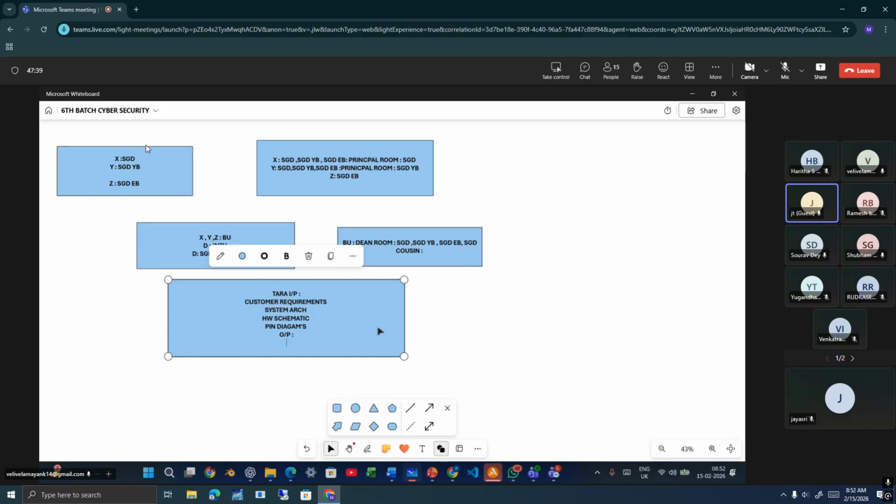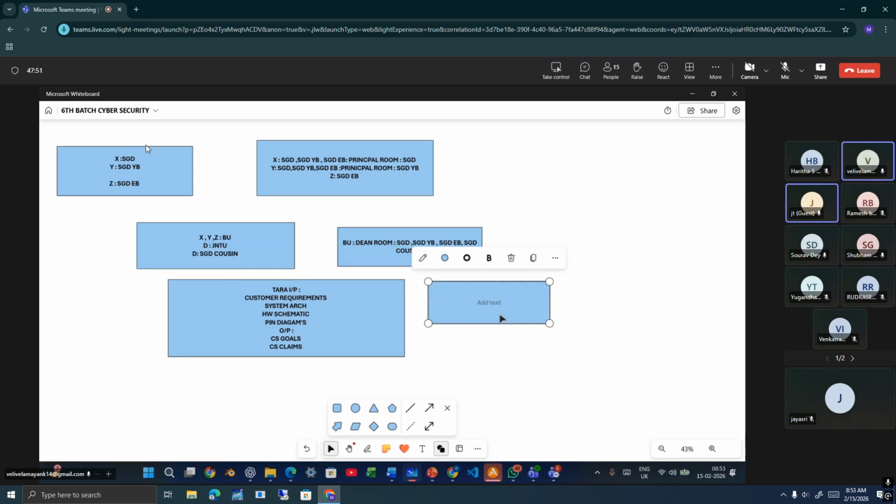That is supposed to be the cybersecurity goals, right? Cybersecurity goals and cybersecurity claims also, right? Yeah, claims too. Okay, now based on cybersecurity goals, what is the output for cybersecurity goals then? System requirement.